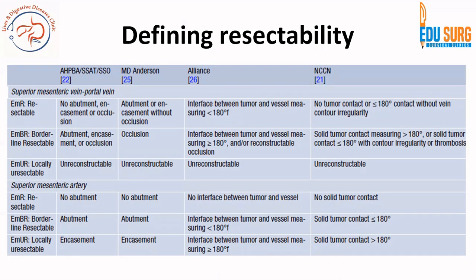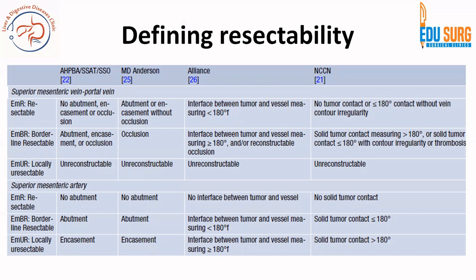I'm sure you would have heard terms like resectable, borderline resectable, locally unresectable cases of pancreatic cancer. If you have not, don't worry. If you feel this chart is very complicated, don't worry. We are going to simplify it for you. In essence, understand the anatomy. If not, we will be putting up videos on pancreatic anatomy as well.